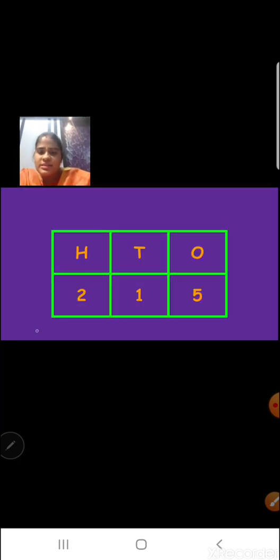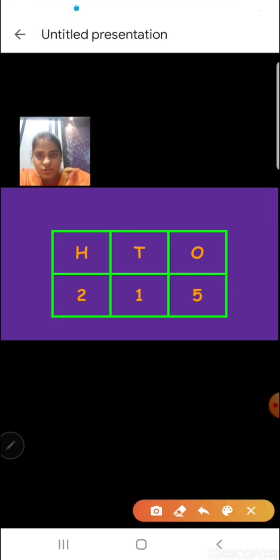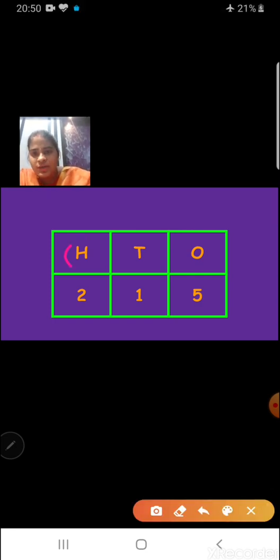See this example, 215. We have understood that we have to round the hundreds place, correct? If I want to round off the hundreds place, I have to see which place? Tens place. Okay, this is the first rule.